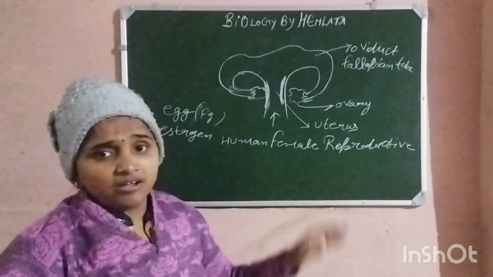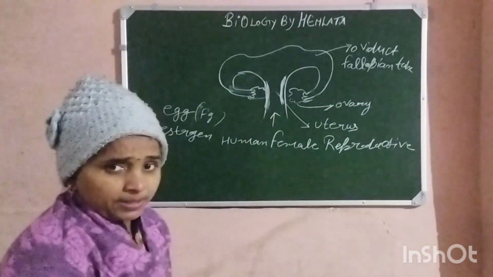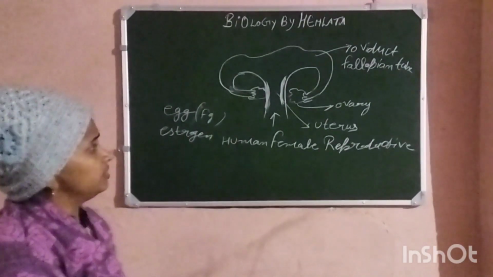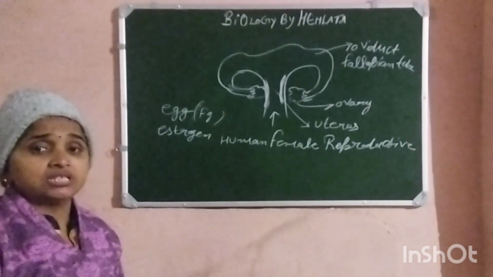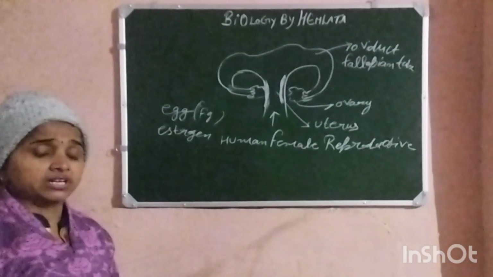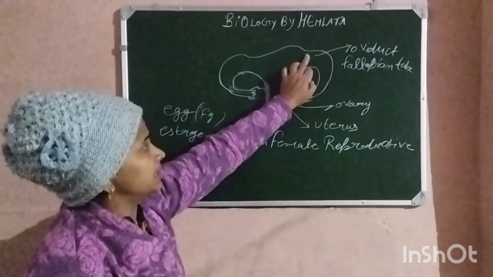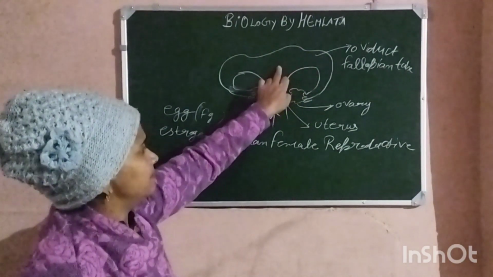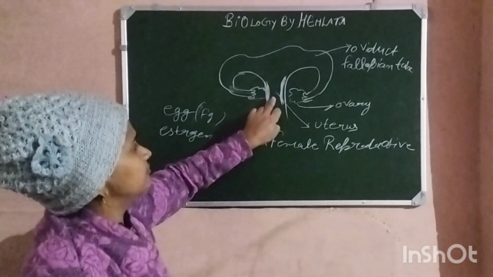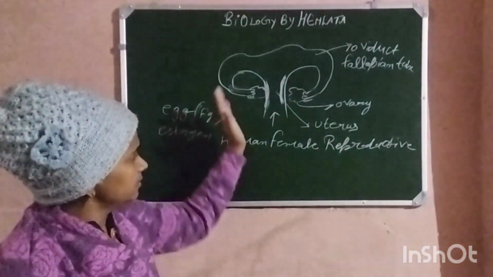The egg breaks and the uterus wall also breaks, and together they will flow out of the female reproductive system, that is known as the menstruation cycle. MC will flow if there is no fertilization, and if there is fertilization, the gamete will fuse with the male gamete and form a zygote, then embryo, and the embryo converts into a fetus, and the fetus will embed into the uterine wall. This will be the process.